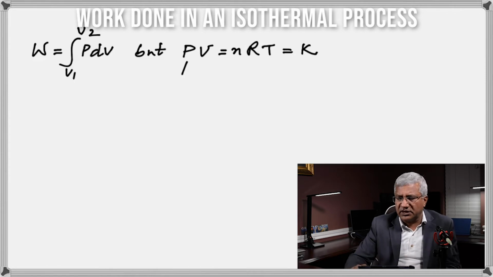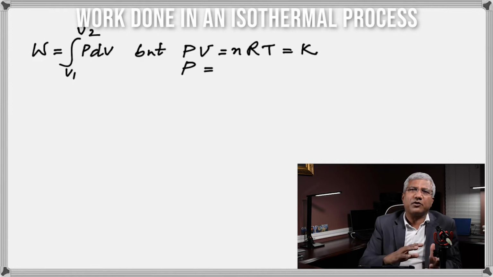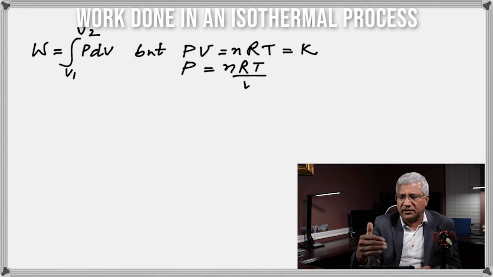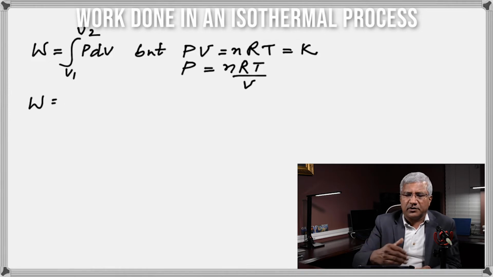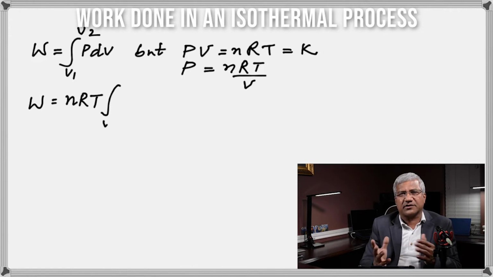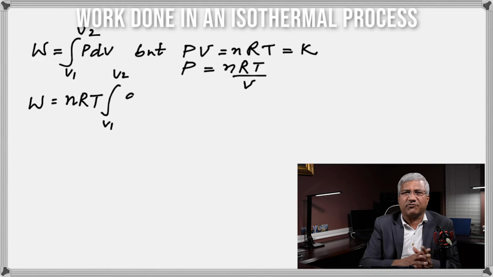Now let's do the integration, but before that we can substitute for P as nRT by V, correct? We can do that, nRT by volume, and then substitute for P here. And when we substitute and integrate, the constants are taken out before integration. So n, R, and T, all three are constants. I've pulled them out, and then you have dV by the volume. And what is that?